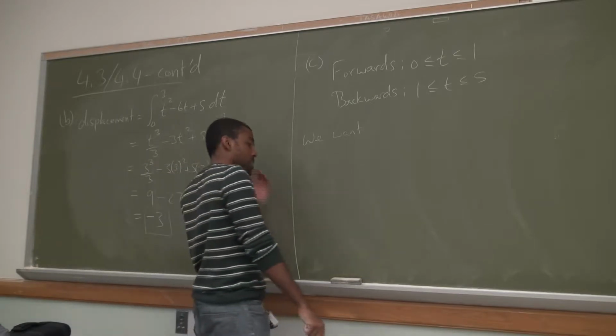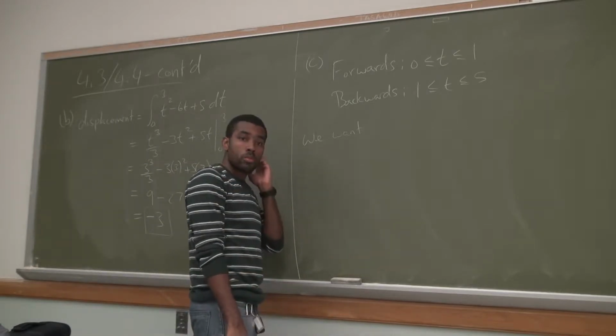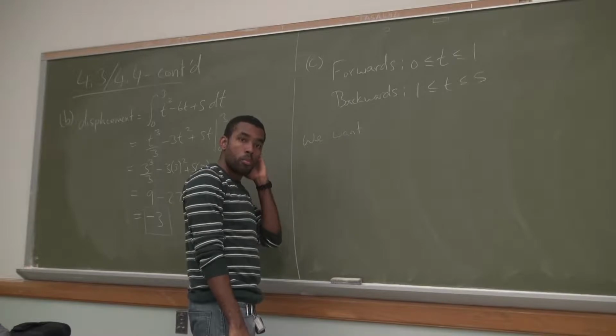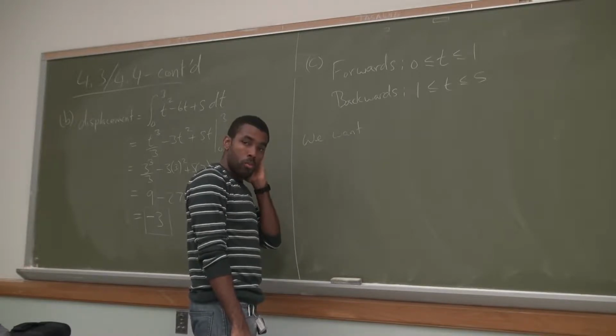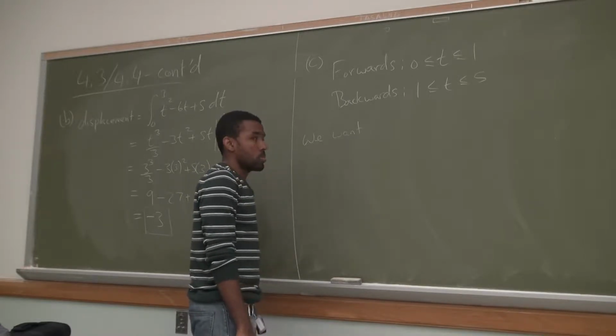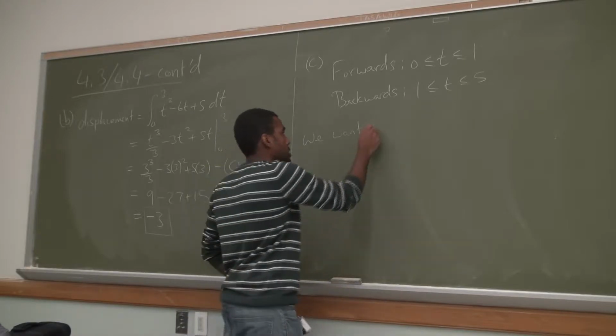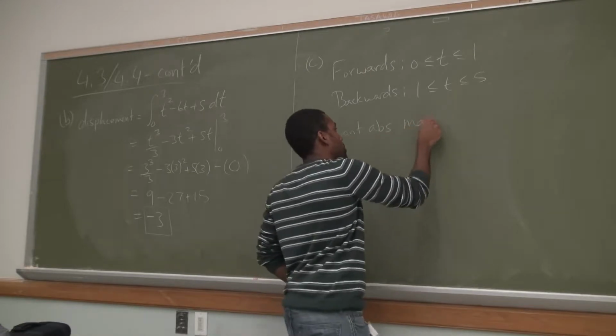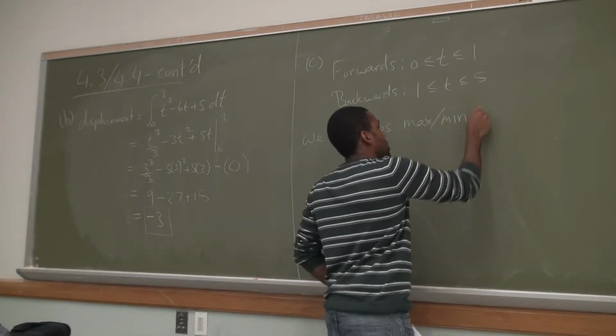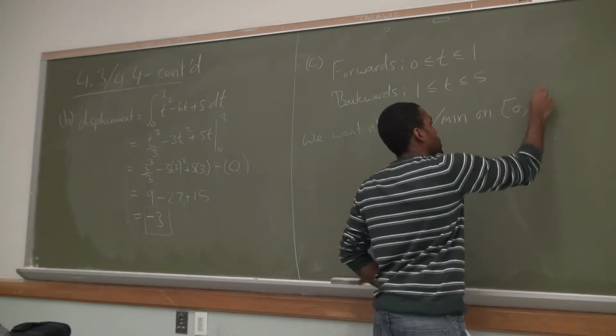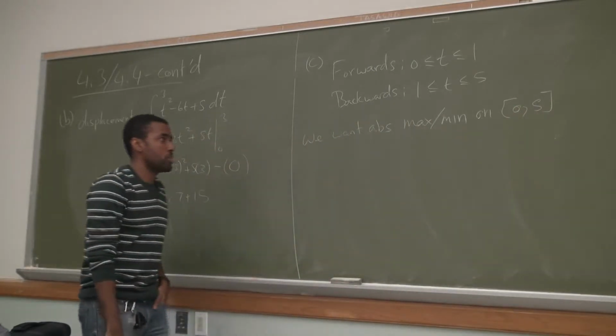What do we want to find here? Absolute maximum. Absolute maximum. On 0, 5. Remember how we do that?